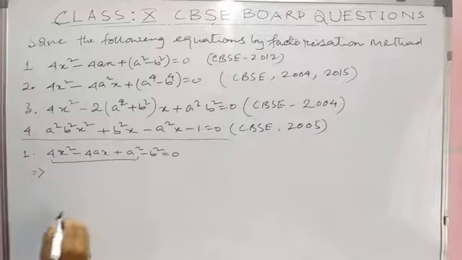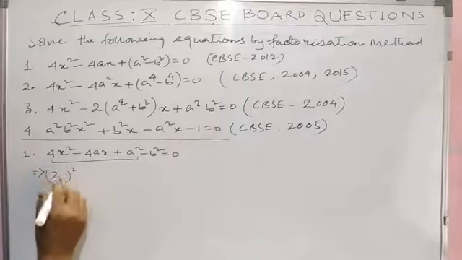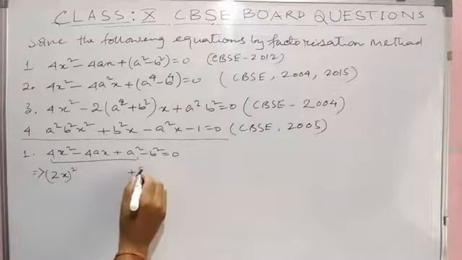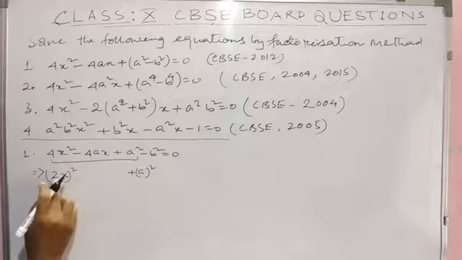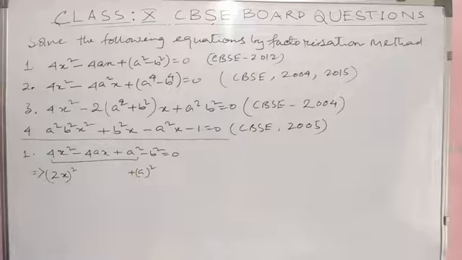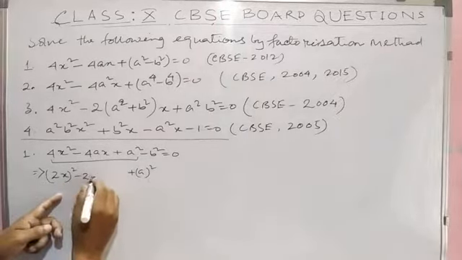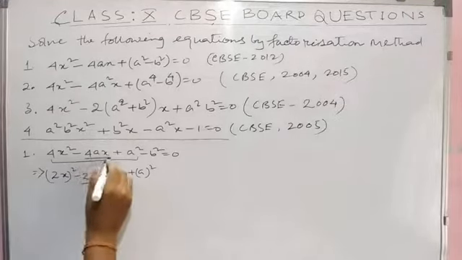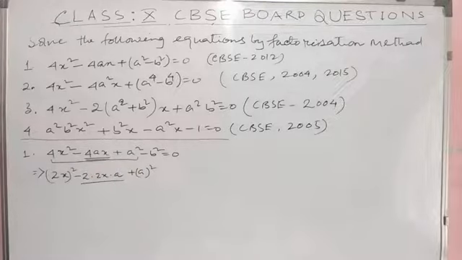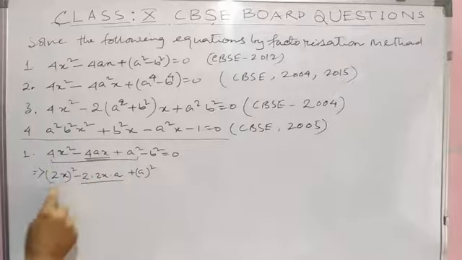We can apply one formula here. I can write this one as a square, whole square. So a means 2x, and b means a. So a square, b square, and this one I can write 2 into a into b. So you see this and this become the same. Got it? This and this become the same.